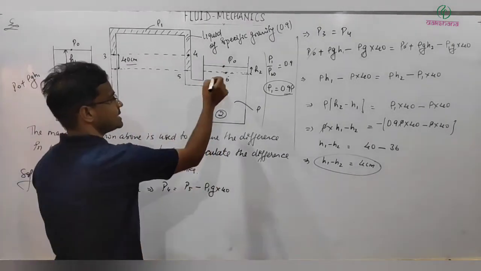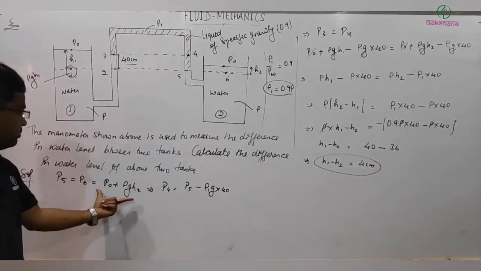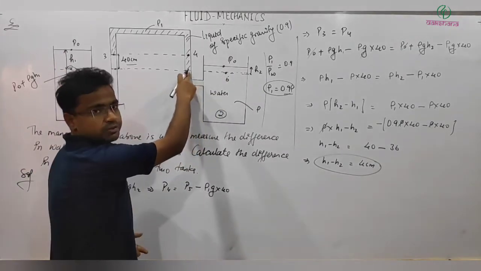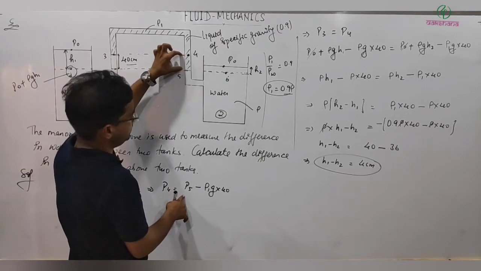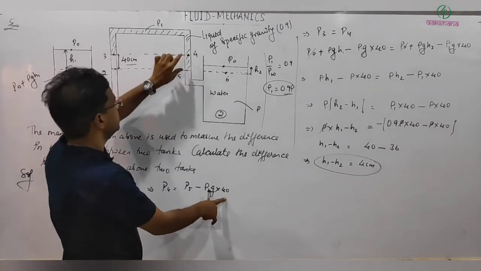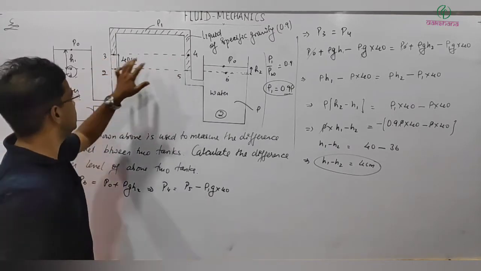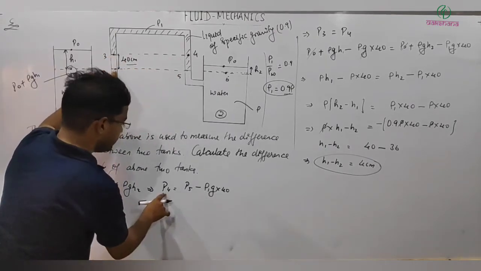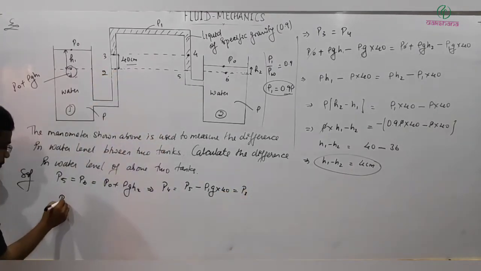So what I did is P0 I know, I got P6. P6 is equal to P0 plus rho g H2. P6 I can equate to P5. P5 if I got, then P4 is equal to what? P5 minus rho 1 g into H. P4 and P3 both are at the same level, so I can write this is equal to this. Then I can move on to P2. I got P4, this is also equal to P3. Then P2 is equal to what?